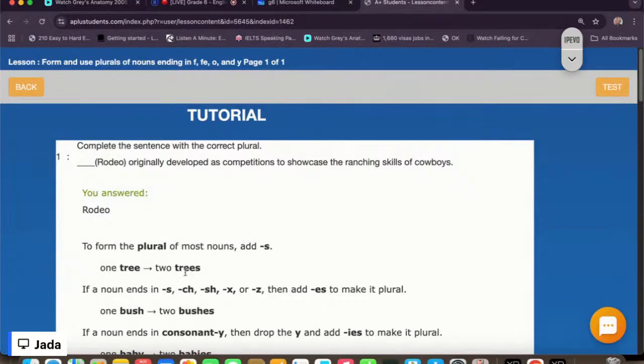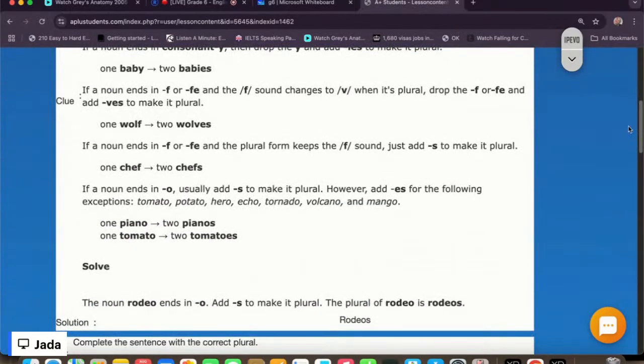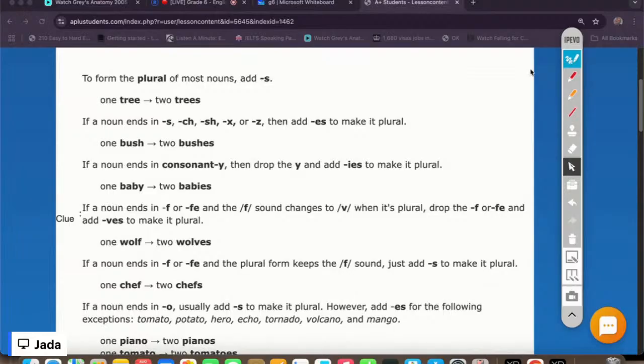So this is basically like the same thing we've done earlier. We just have to take note of the right parts to input our plural form. Okay, so like the s, es, es, or ies. So you add s to make it plural when you have only one, and then if it ends in s, c h, s h, s, x, z, it's going to be es that you're adding.